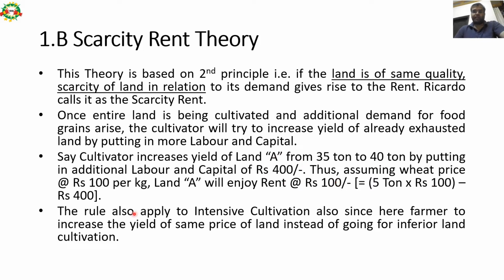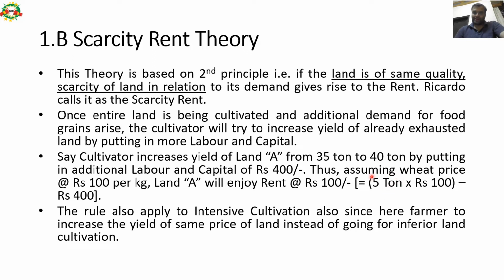Thus, assuming a wheat price of rupees 100 per ton, land A will enjoy rent at the rate of 100 rupees. How to calculate? By putting in this 400 rupees, the farmer can produce an extra 5 ton, which is equivalent to 500 rupees.